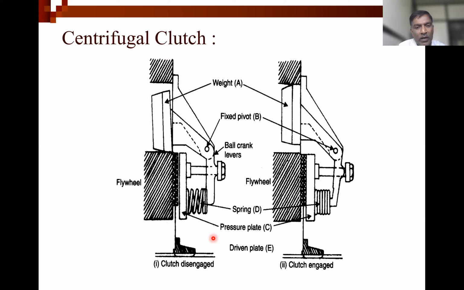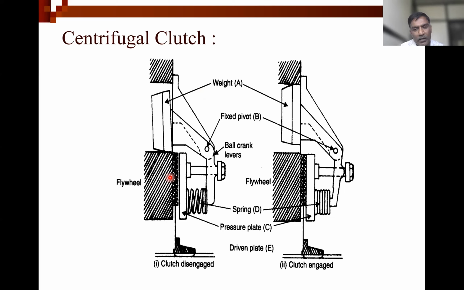So you might have seen a scooty or those scooters. As we are increasing the speed, automatically power is transmitted from the engine to the transmission system. To move the vehicle, we need to accelerate. On the left side, there is a brake lever.